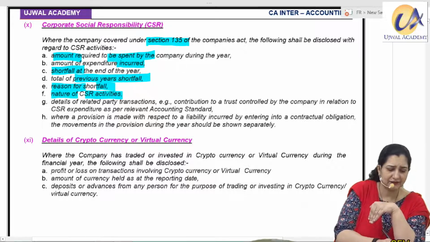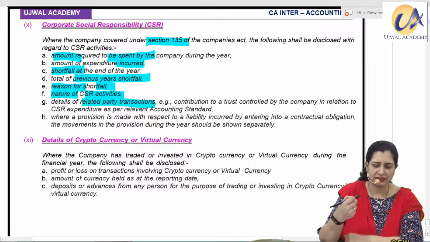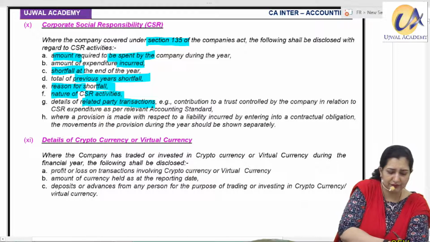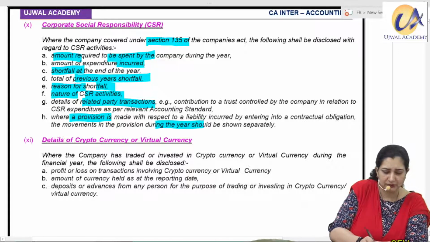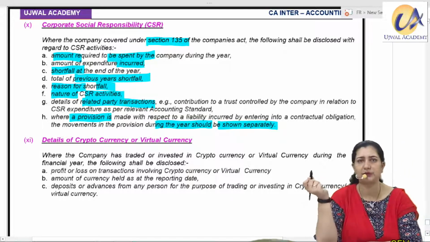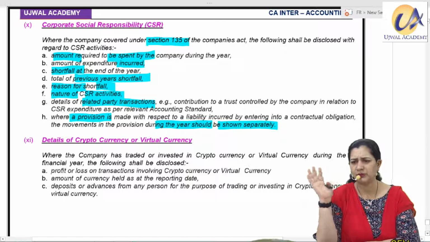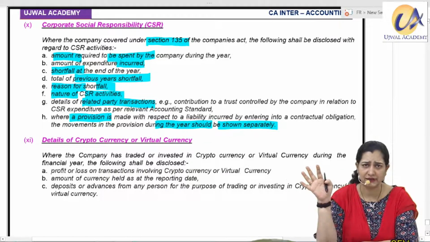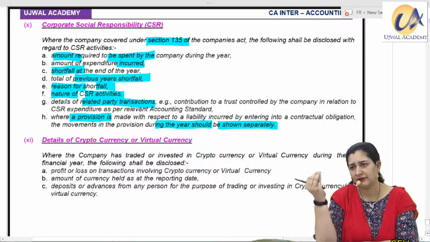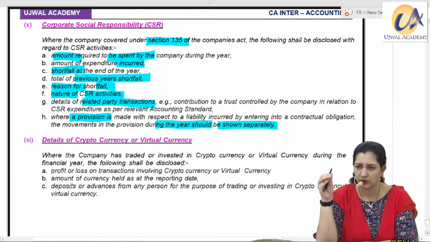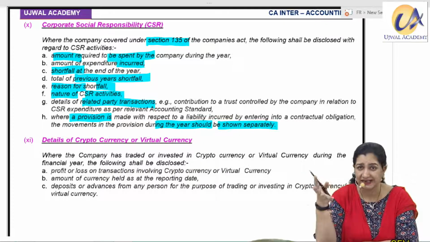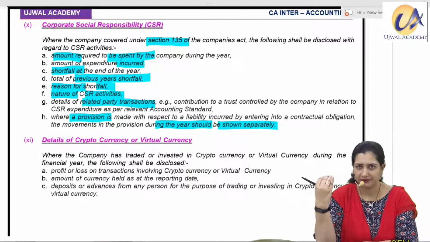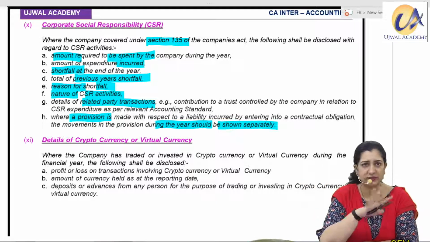What activities they have done? Any related party transactions involved here? And if provision is made, whether it is properly shown separately from your other provisions. So in simple words, I want CSR details to be given here. We are aware that companies have to spend on corporate social responsibility towards the society. Okay. So for that and the details we have to disclose in the notes.